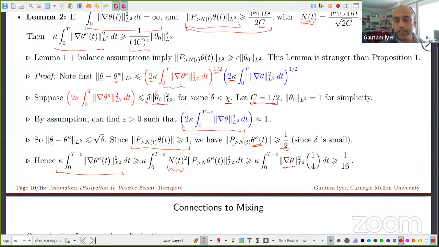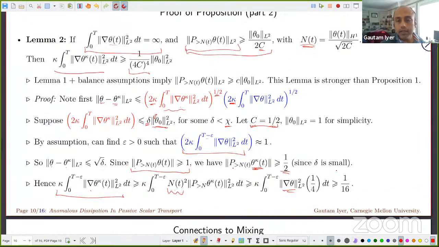By choice of time, kappa times the H1 norm of the inviscid scalar was roughly order 1. So if we keep track of all constants, you get a lower bound on the energy dissipation, or the entropy. So that's basically how the proof goes.